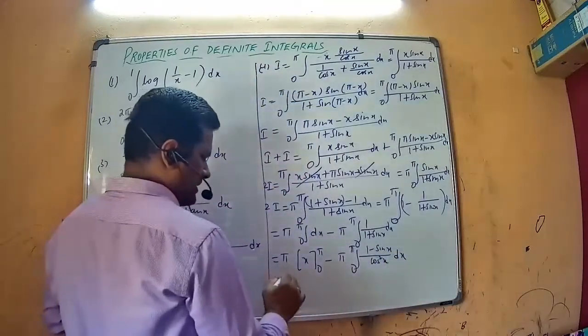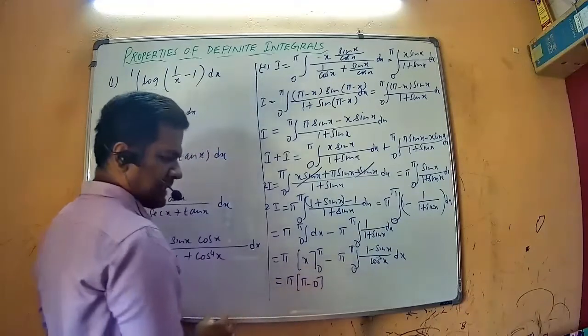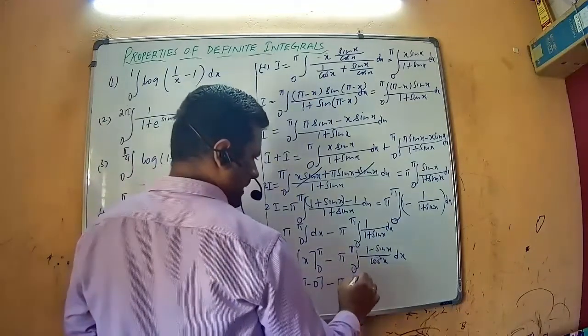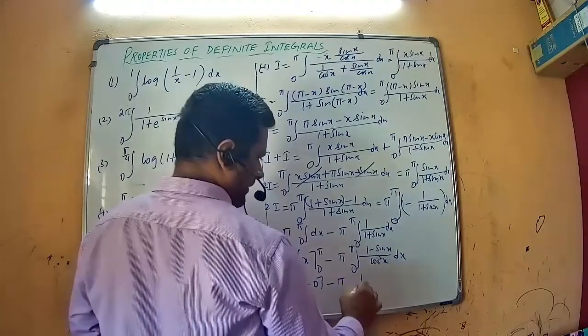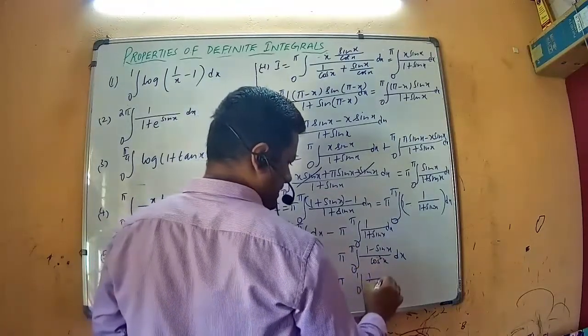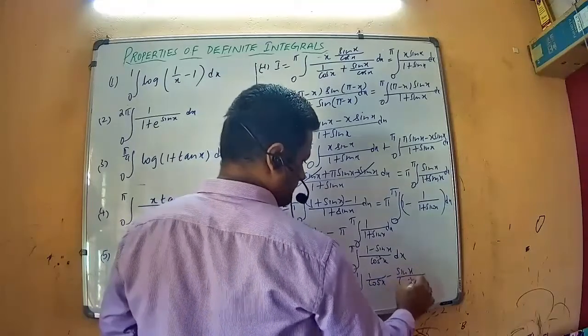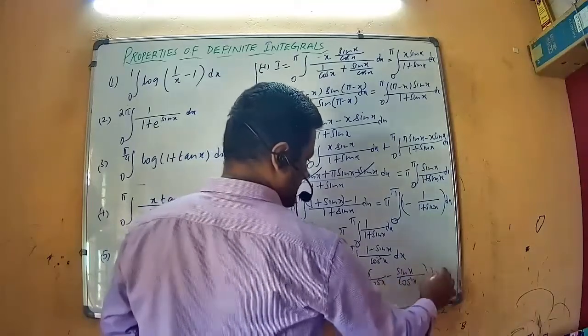Now this will become pi into pi minus 0 after applying the limits. This is minus of pi into the integral of 0 to pi of 1 by cos square x minus sine x by cos square x dx.